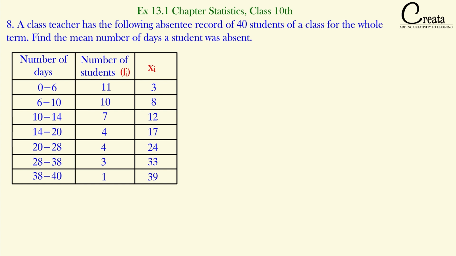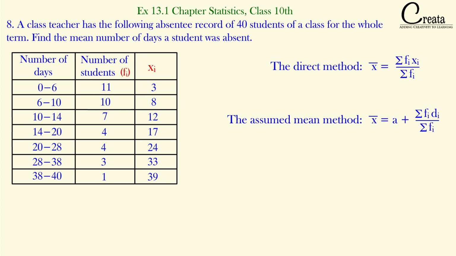Now we have two options, either to go with the direct method or the assumed mean method. It is up to you, whichever method you find convenient you can use, the answer will remain the same. Here we will go with the direct method, in which we have to calculate fi into xi.